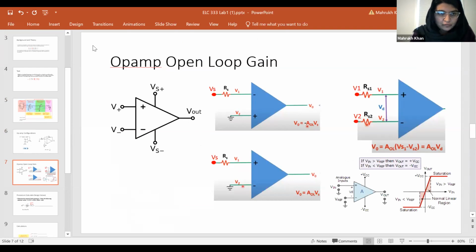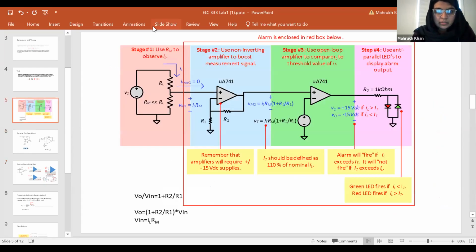So right now what we have to do is find out the values of the components, okay? We are designing an alarm. We know the input voltage. We know the currents that we have to deal with. So we will design the components: what is the value of RL, what is the value of R2, what is the value of R1?